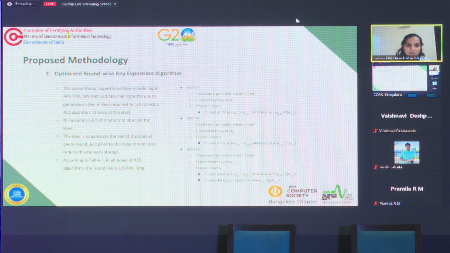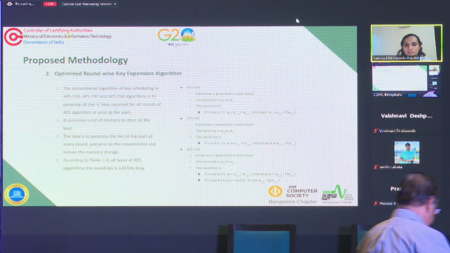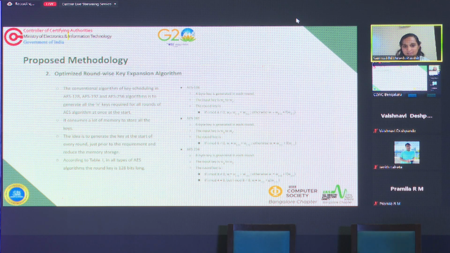The next methodology is the optimized round-wise key expansion algorithm. As I said, in the conventional algorithm, the keys were generated at the start for all rounds, and then used in particular rounds. So it consumes a lot of memory to store all the keys. In fact, we found that AES 192 and AES 256 don't fit on that FPGA, as a lot of memory was consumed by the storage of keys.